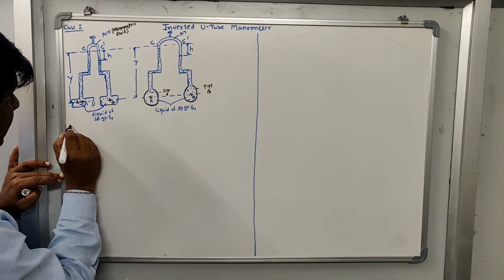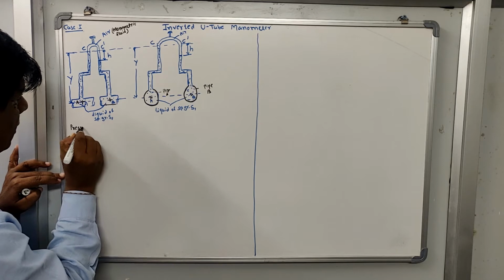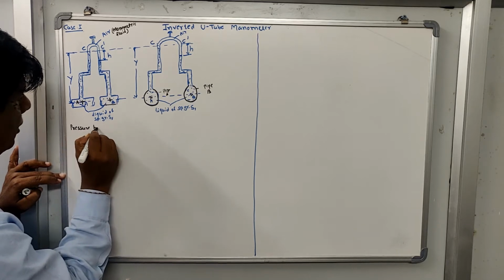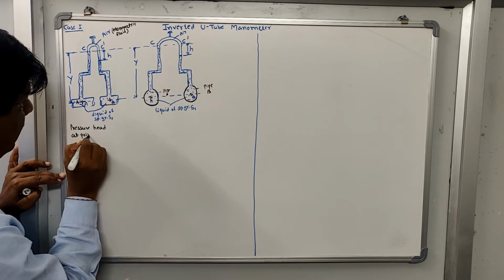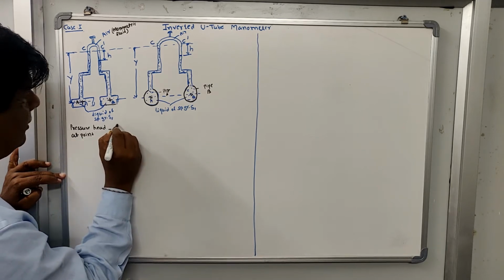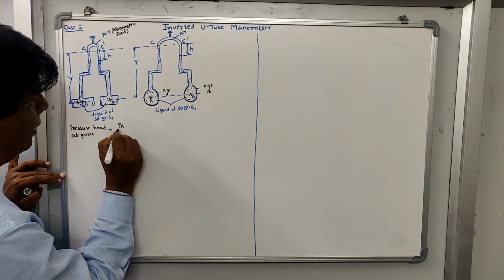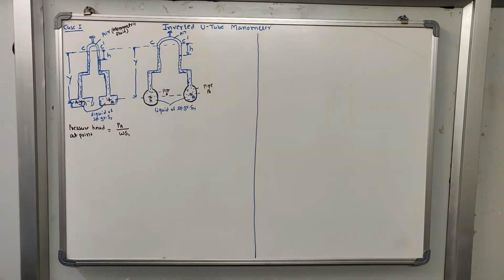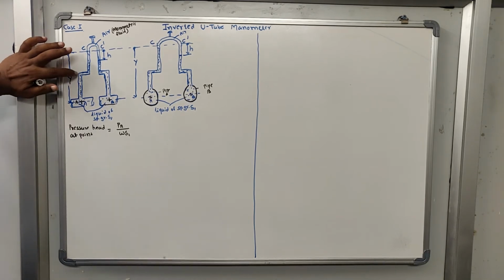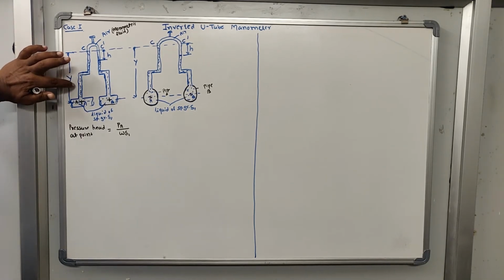The pressure head at point A is PA by W S1. What is S1? S1 is the specific gravity of the fluid which is running inside the pipe.